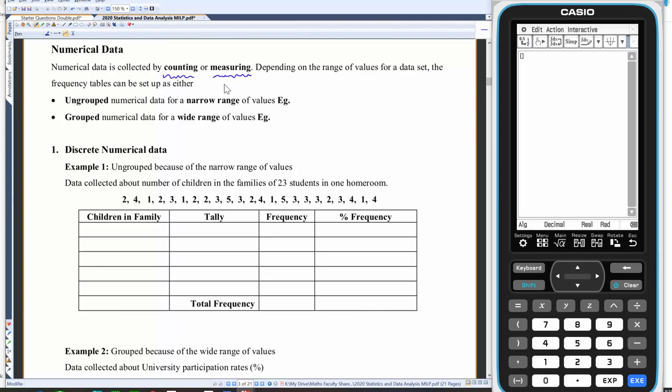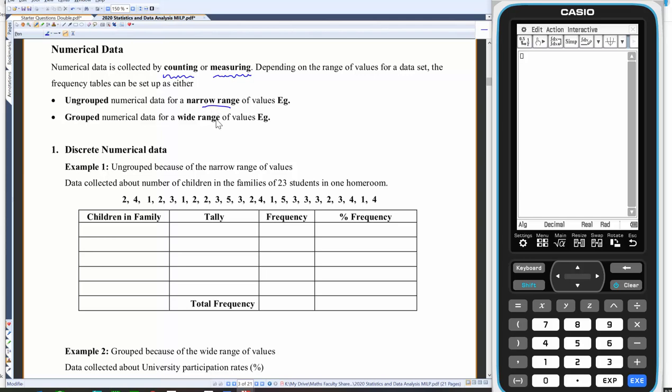Okay, so what we might look at is height of students in 10D versus height of students in 10C, for example. And then depending on the range of values for the data set, what we can do is set up the frequency table as either ungrouped, if we have a narrow range of values that occur, okay?